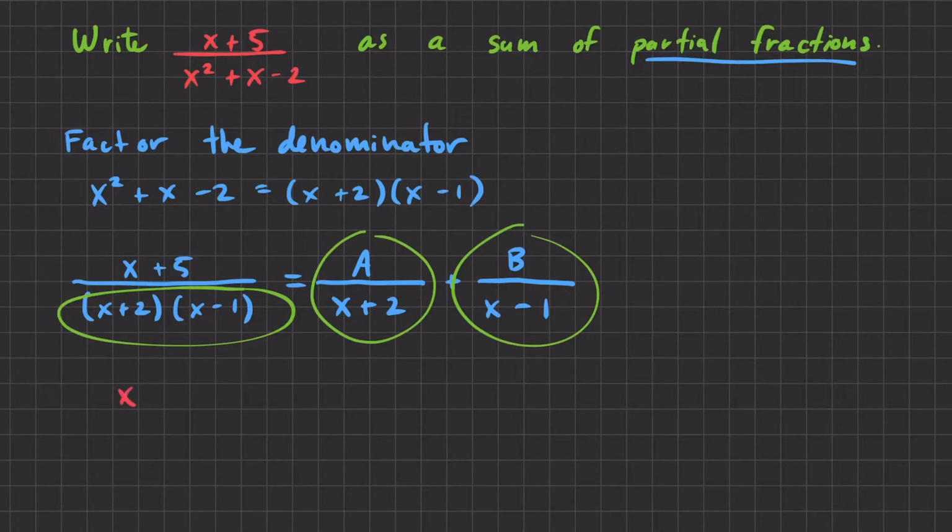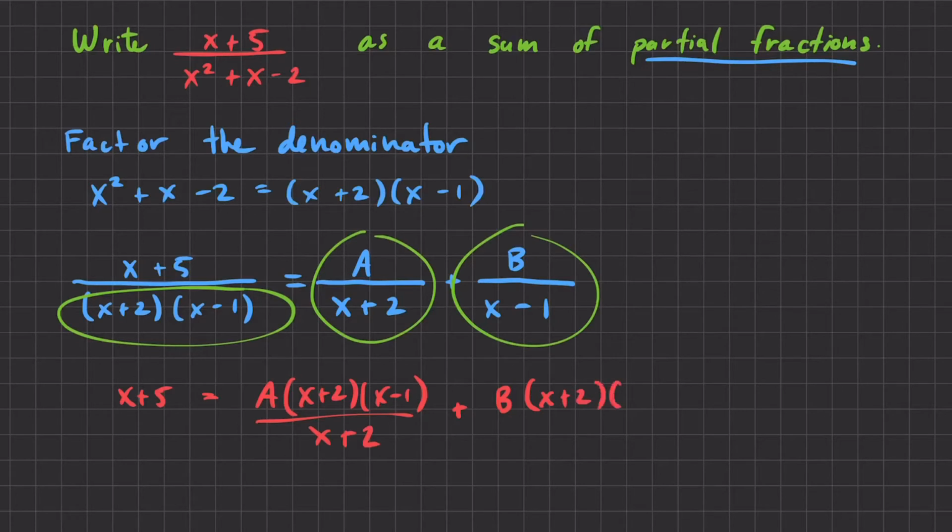I'll get x plus 5 is equal to a times x plus 2 times x minus 1 all over x plus 2, and maybe you can see where this is going, plus b times x plus 2 times x minus 1 all over x minus 1.